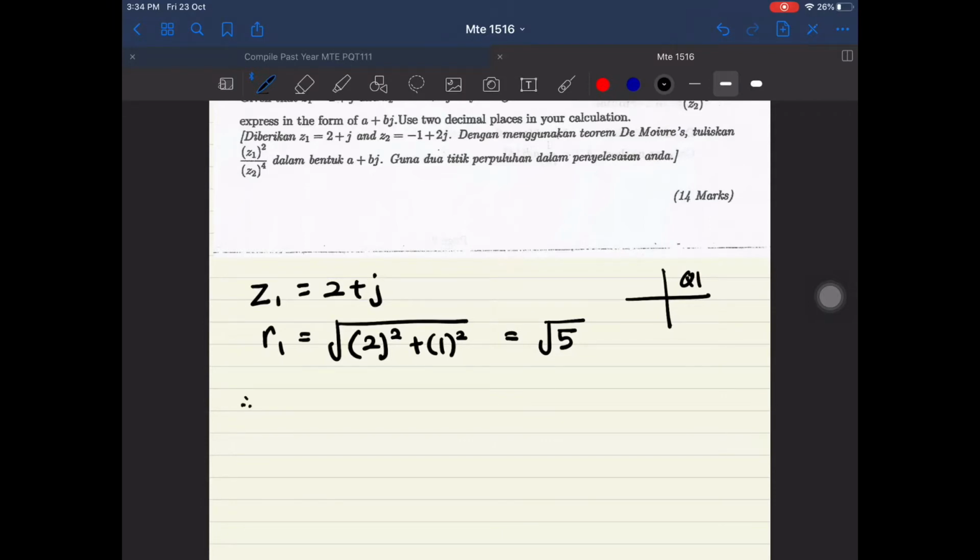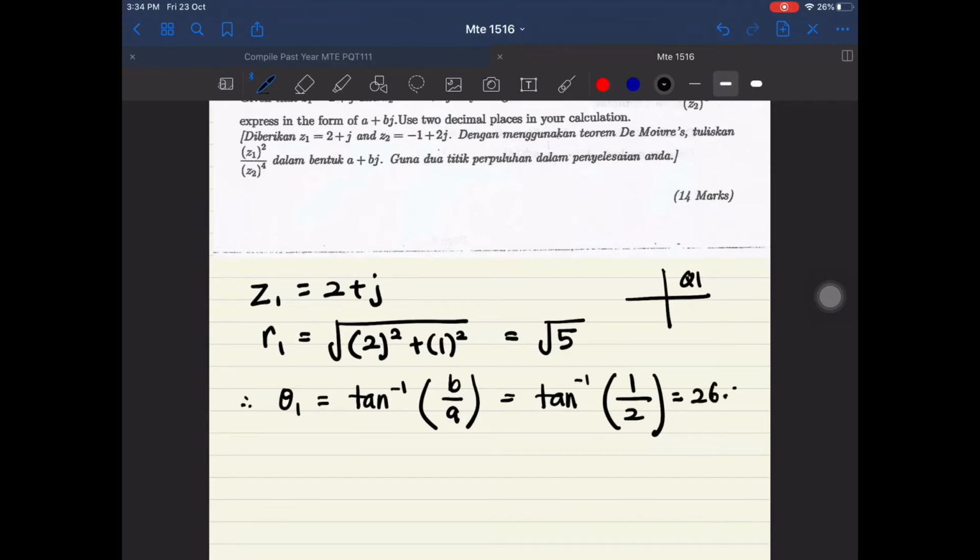So therefore, your theta is equals to tangent inverse b over a, which is equals to tangent inverse. Your b is equals to 1 and your a is equals to 2. So your theta will be 26.57.